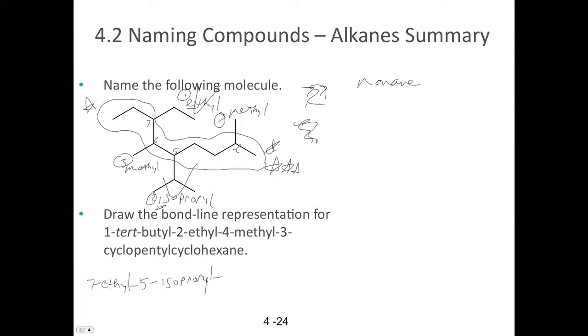And then we have a 2,6-dimethyl. So 2,6 hyphen dimethyl, and then no dash here, nonane. See? 7-ethyl, 5-isopropyl, 2,6-dimethylnonane. Cool stuff. That's the name of this thing, I believe, right there.